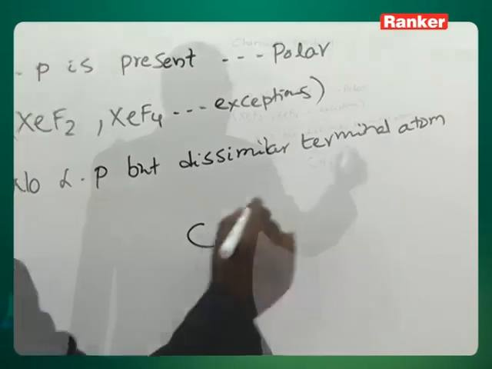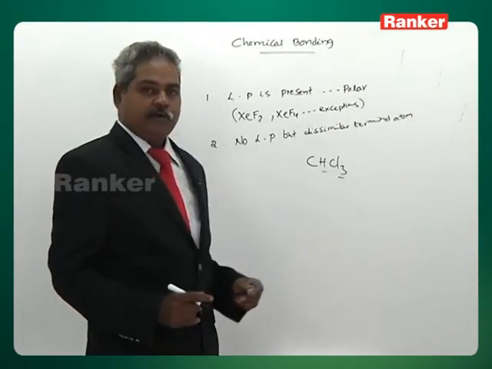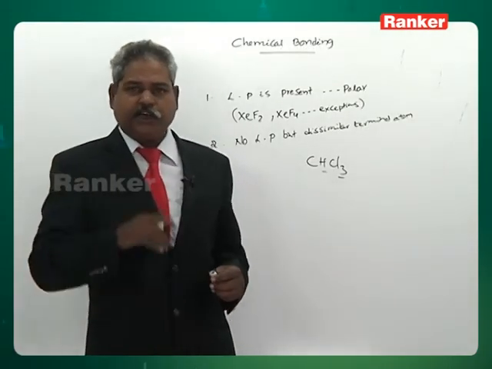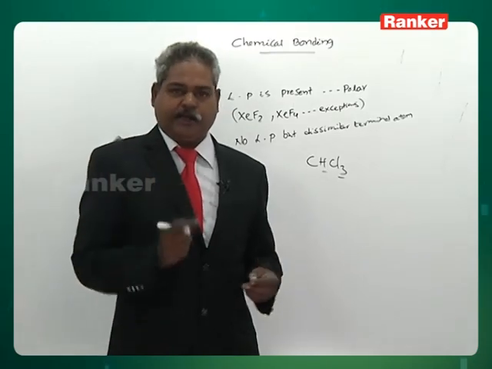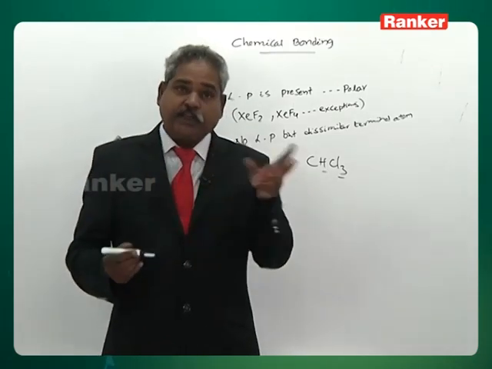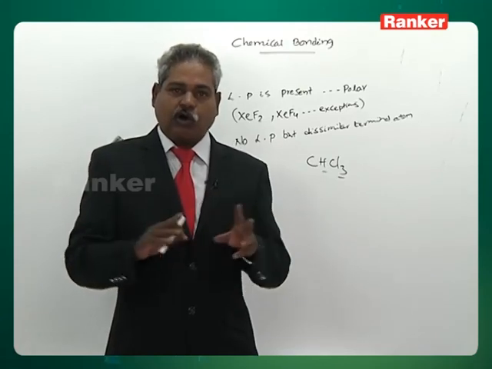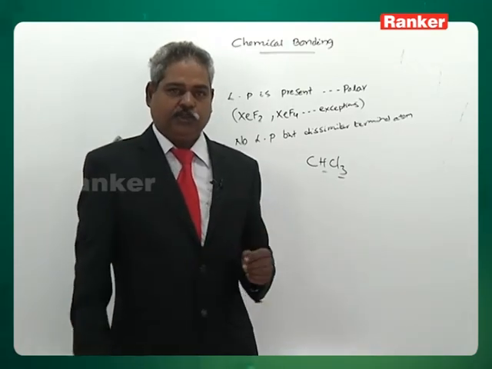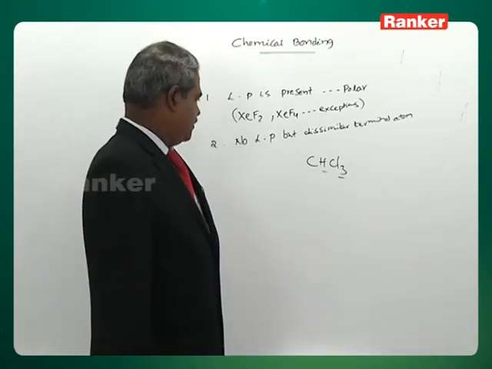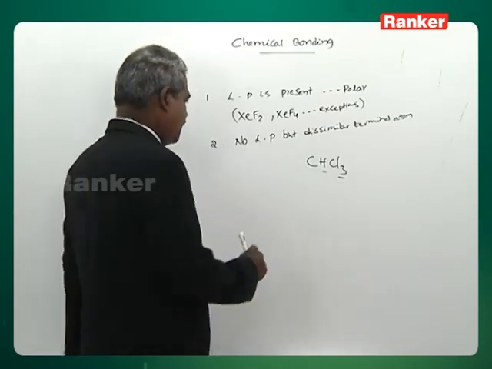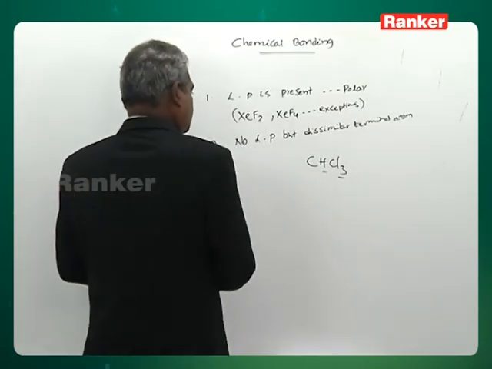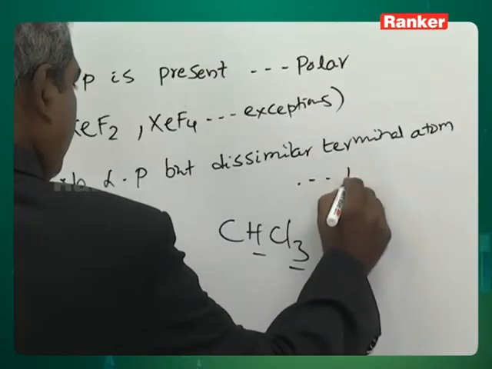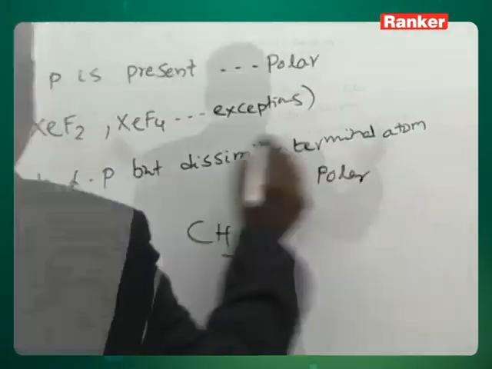You have 1 hydrogen and 3 chlorines, they are not similar. So, whenever there is something dissimilar, that itself is polarity. Polarity means opposing nature, 2 poles, 2 opposite natures. Polarity means dissimilarity. So CHCl3 is also polar. So, first 2 cases are polar.